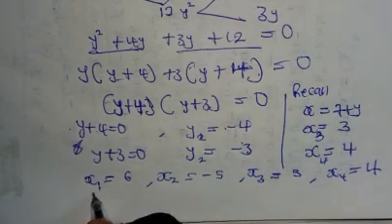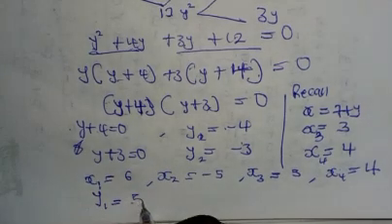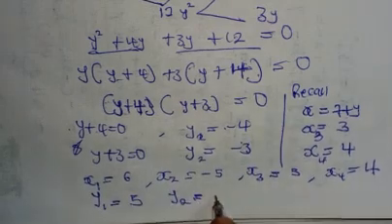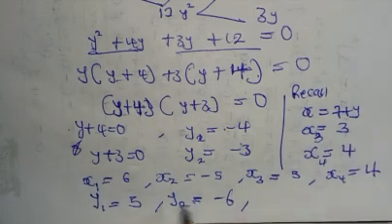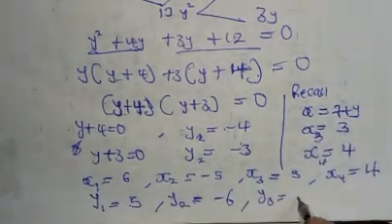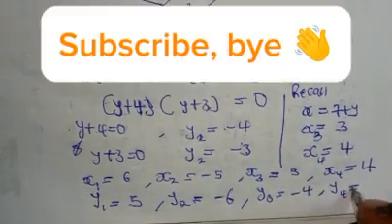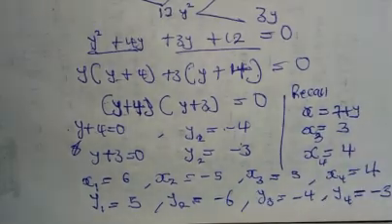So listing the values for y, we have y1 equal to 5, y2 equal to minus 6, y3 equal to minus 4, y4 equal to minus 3. Guys, these are all the values for x and y.